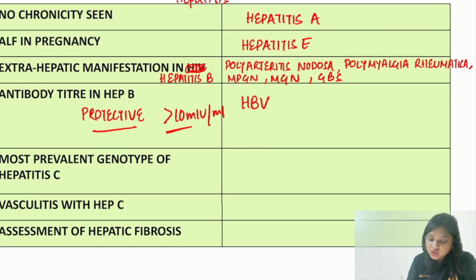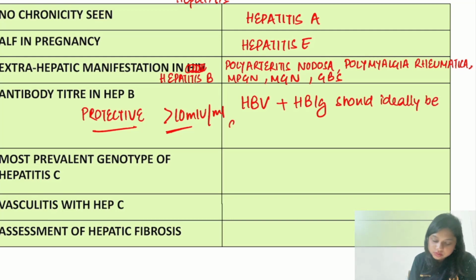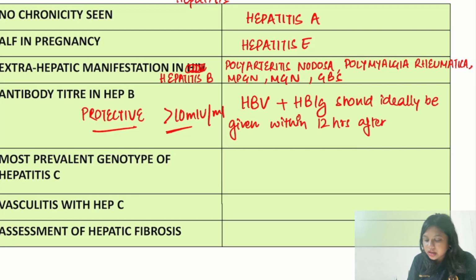Apart from that, we need to give the immunoglobulin, and this hepatitis B immunoglobulin should ideally be given within 12 hours after birth. In India, we practice 24 hours, but Nelson mentions it as 12 hours. So if it is an option in an MCQ, the answer will be 12 hours.